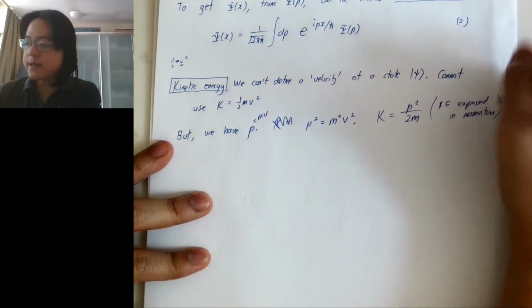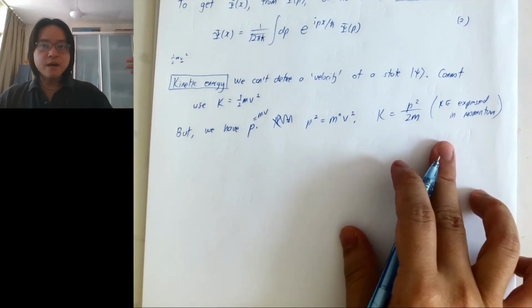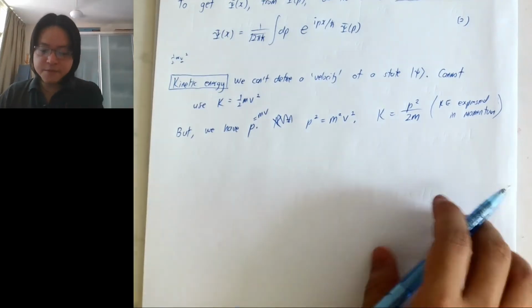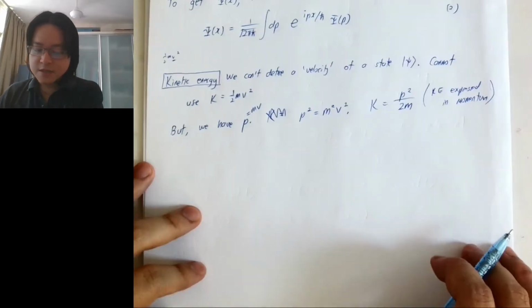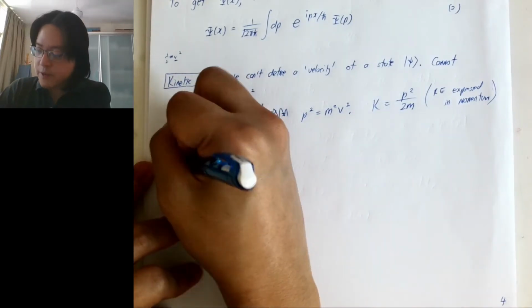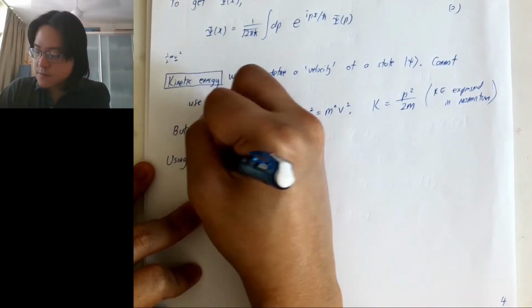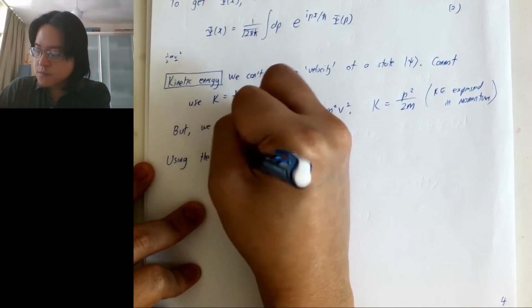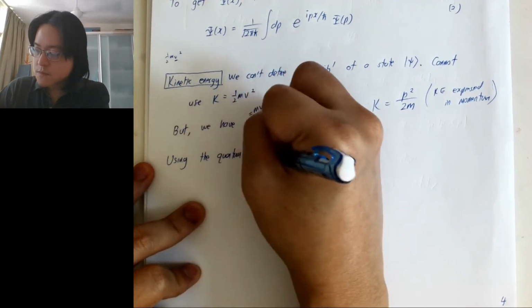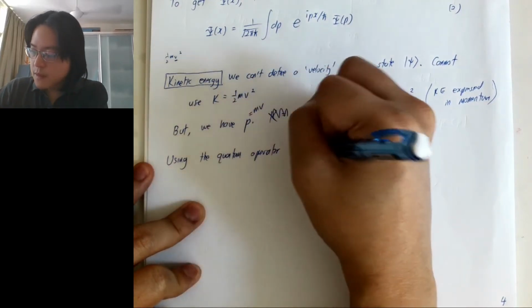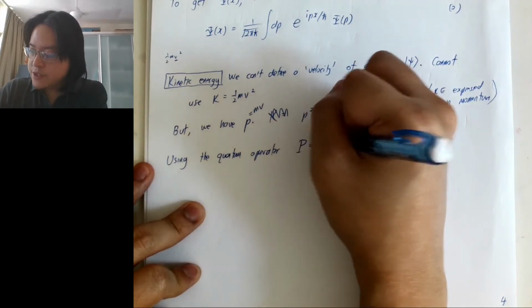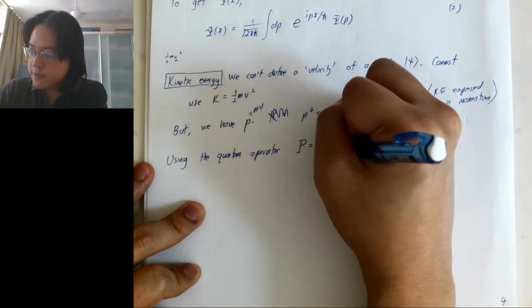So now we can sort of quantize this. Using the quantum operator, p is h bar over i times the derivative.